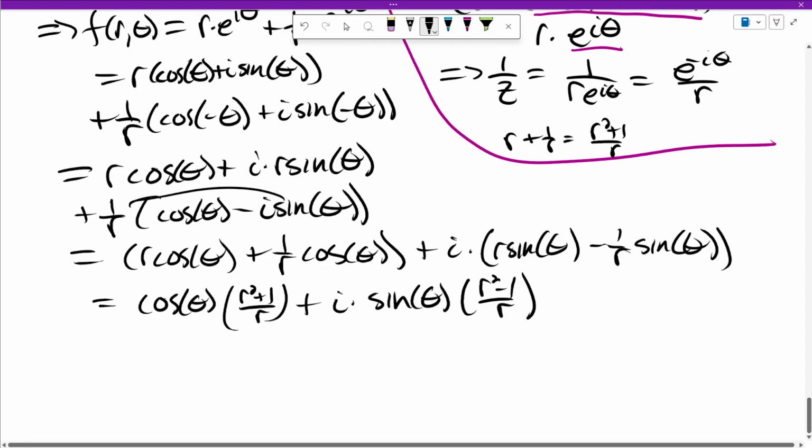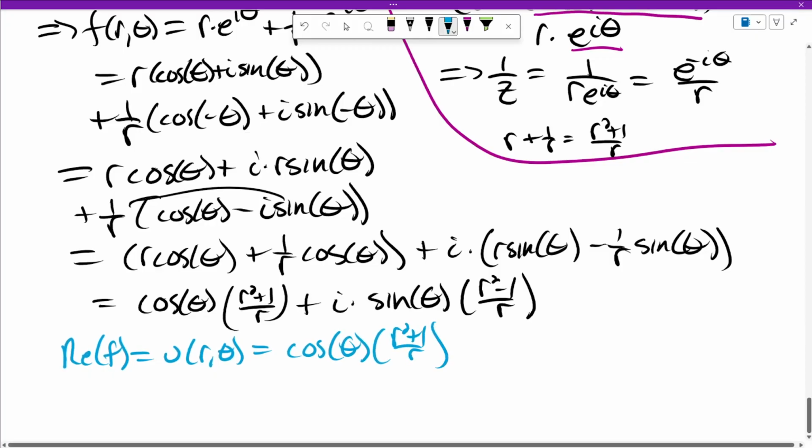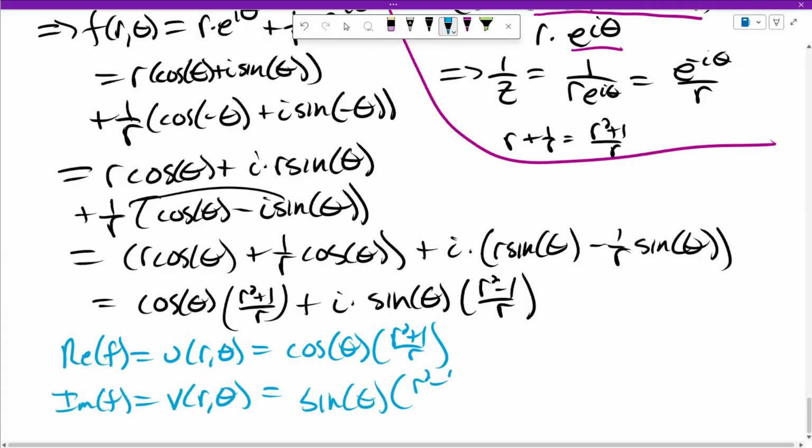Okay, so what's our real part? Our real part of this f, which we are writing in terms of r and theta, is cosine theta times r squared plus 1 over r. And our imaginary part, again v, but now a function of r and theta, is sine theta times r squared minus 1 over r.